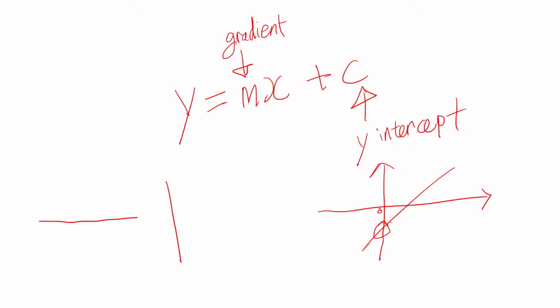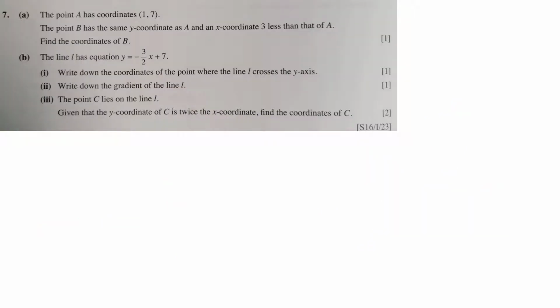So let us start with the first question. Okay, so let's put it this way. 7a. Your answer has to be in coordinates. So they say B has the same y coordinate as A. Since A's y coordinate is 7, B's y coordinate is 7 as well, because they are the same.